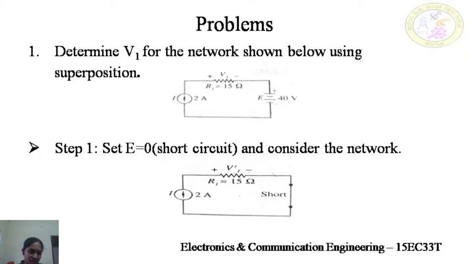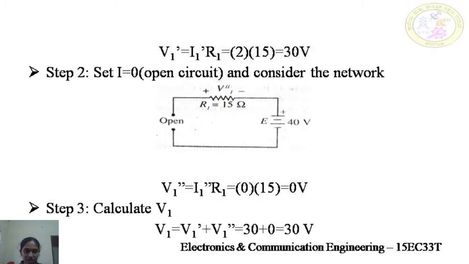V1 dash is equal to I into R. I is 2 ampere, 2 into R, R is 15 ohm. Therefore, V1 dash is equal to 2 into 15, that is equal to 30 volt.